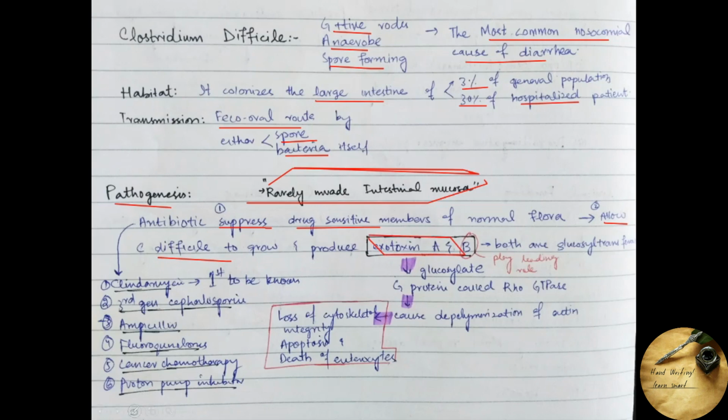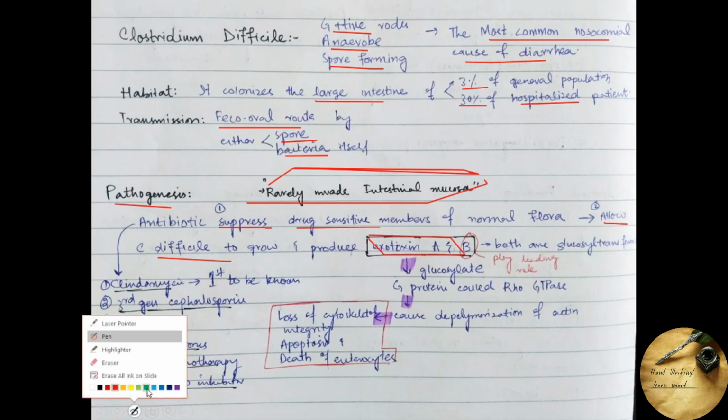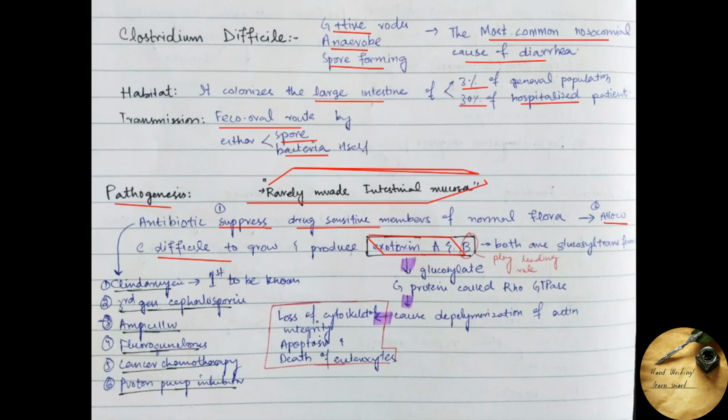Exotoxin B plays the main role in the disease. Exotoxins A and B both glucosylate G protein, which is also called Rho GTPase. It in turn causes depolymerization of actin, which causes loss of cytoskeletal integrity, apoptosis, and in turn death of the enterocytes.